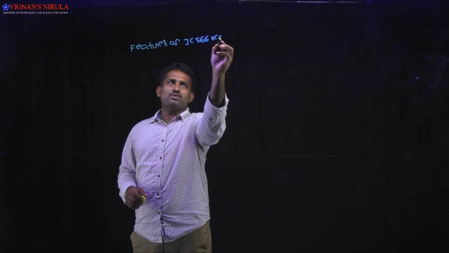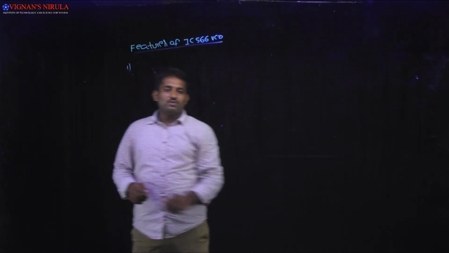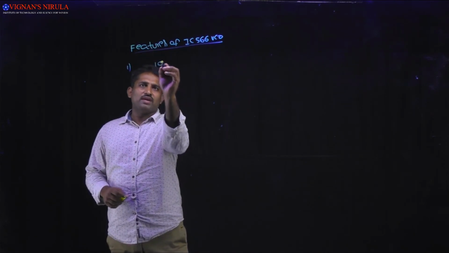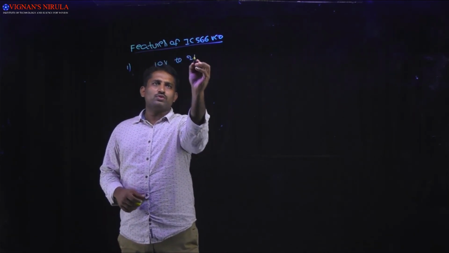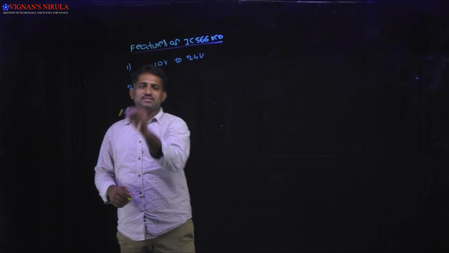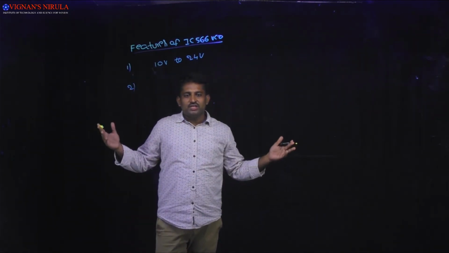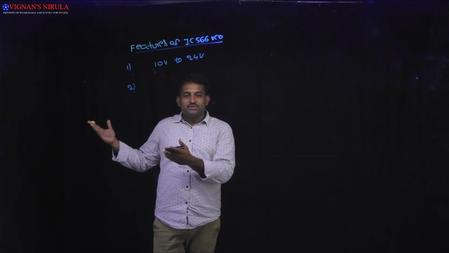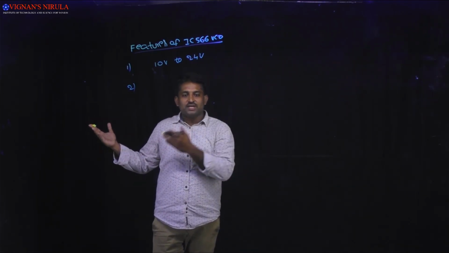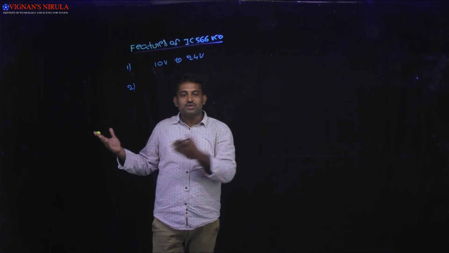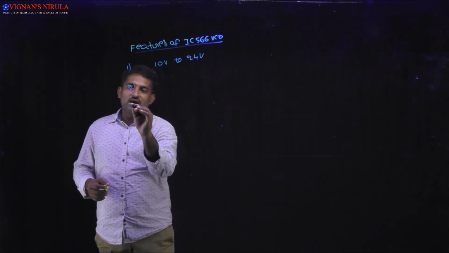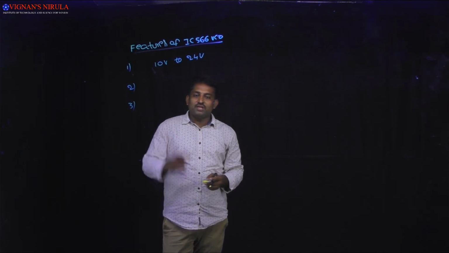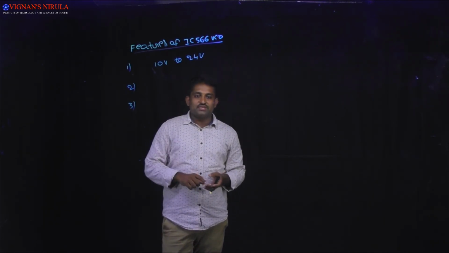IC566 VCO. First feature is wide supply voltage range, that is from 10 volts to 24 volts, and the second one is large linear range characteristics. The linearity range between the output frequency and the input applied voltage is very large, and large power supply rejection, a very large value for the power supply rejection.